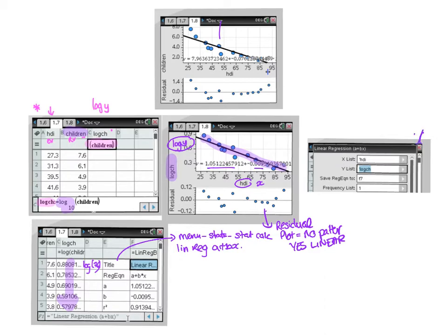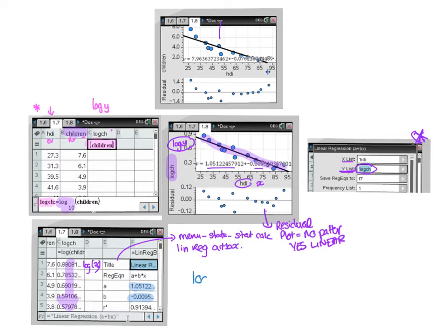So you get this little screen over here. Now you're going to remember you didn't change your X list, you still use HDI, but you changed the Y list, so make sure you pick your new list and then you press enter, and what you would get is these values here. Now your a and b values, so you could write out your formula now.